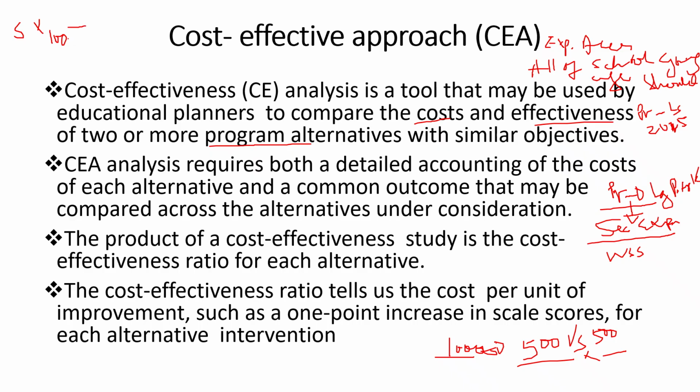If you want to expand access for students, let's say this one was accommodating maybe 500 students. Now I want it to increase to 1,000 students. Then it's likely that it will increase the buildings, and therefore it will take, let's say, secondary school X, after expanding, let's say it will take $500 US dollar.